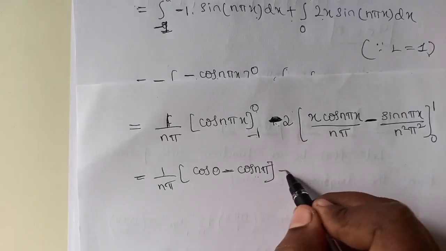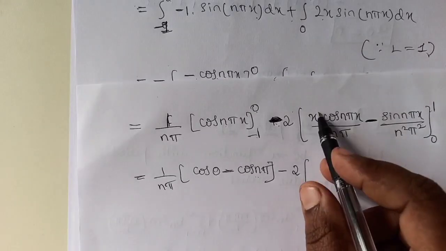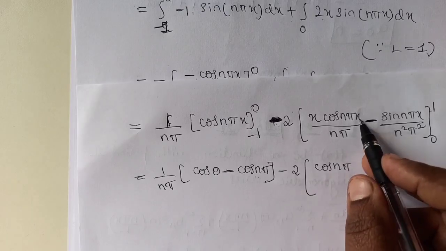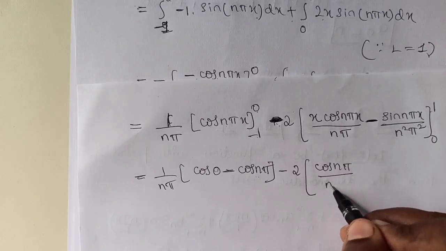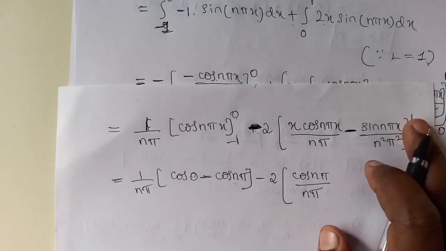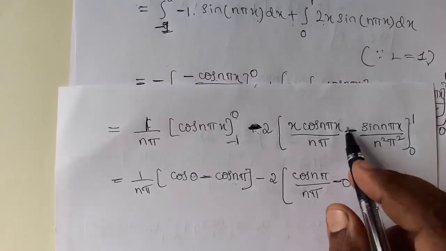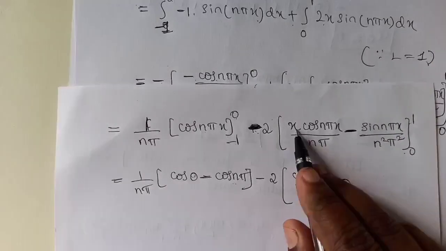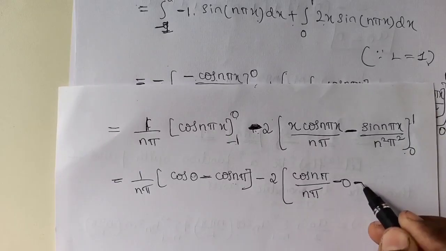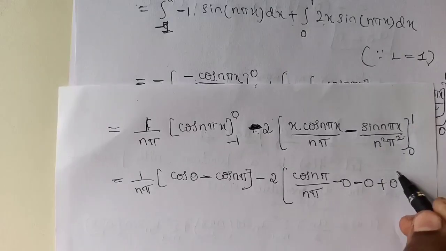Next minus 2, applying upper limit, this becomes cos n pi x, x value is equal to 1, cos n pi divided by n pi. We can observe that on substituting x is equal to 1, we get sin n pi which is equal to 0. Now applying lower limit, because of this x, this term becomes 0, even sin of 0 is equal to 0, we get 0 only.